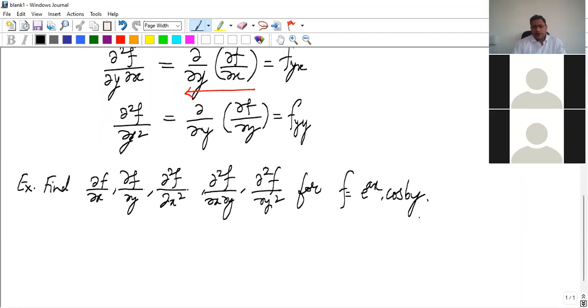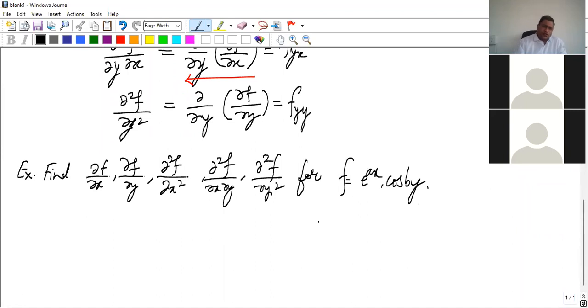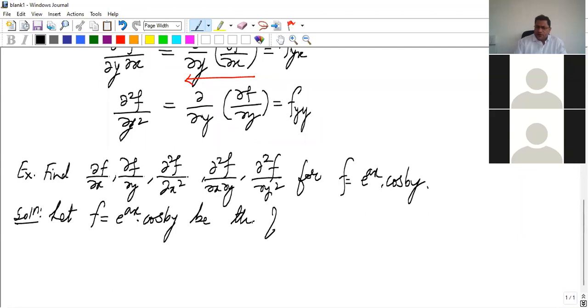Let us start with the first order derivatives. Solution: let f = e^x cos y, a function of x and y.